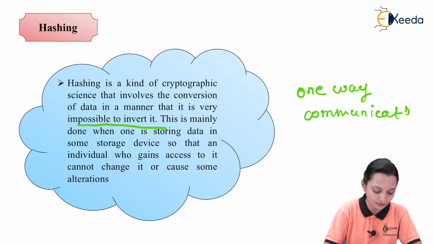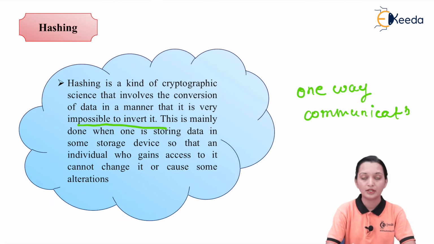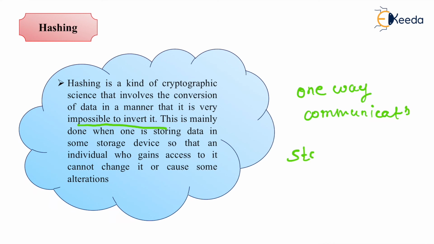This is mainly done when one is storing data in some storage device, so that an individual who gains access to it cannot change it or cause some alteration. Such applications are used to store the data, not to modify the data. Why?